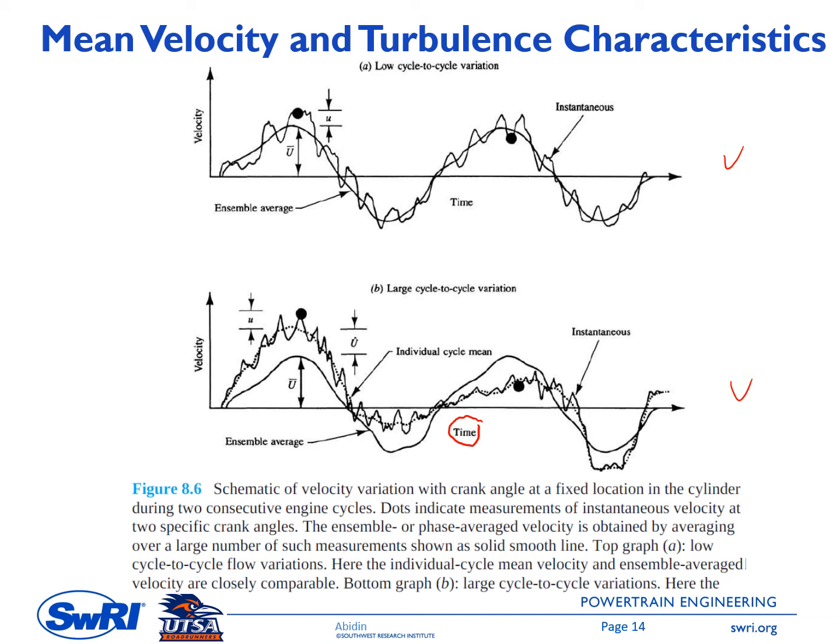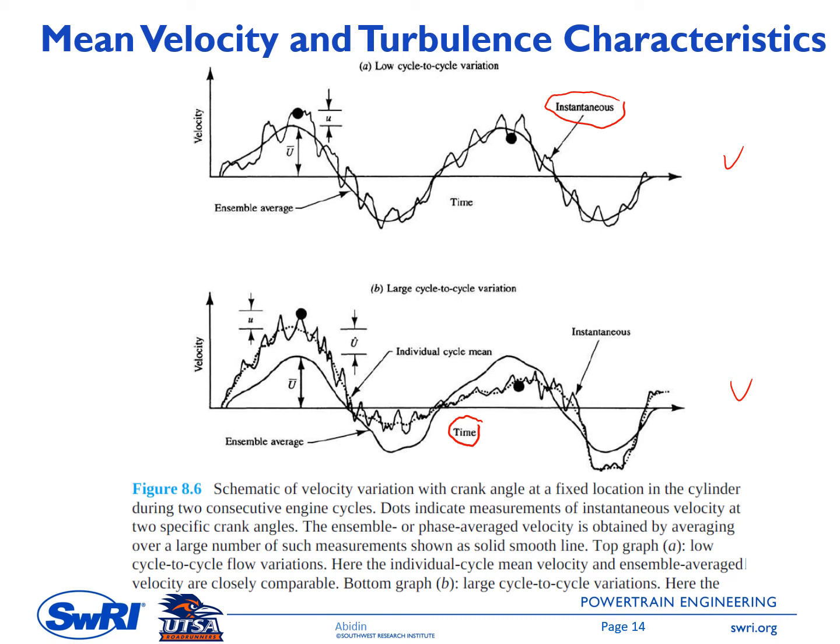Because of low cycle-to-cycle variation, the average of individual cycles coincides with the ensemble average. You can also see the instantaneous velocity is very transient, and the average is smoother.